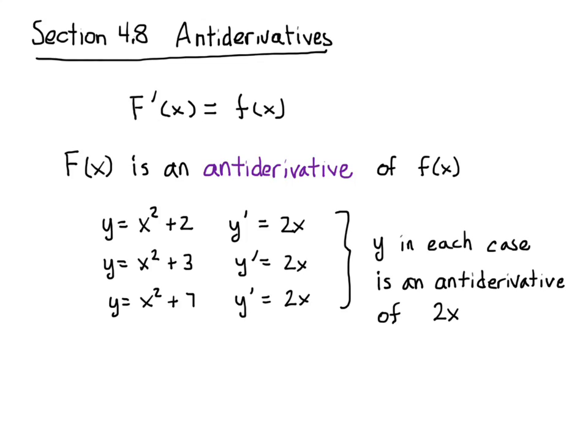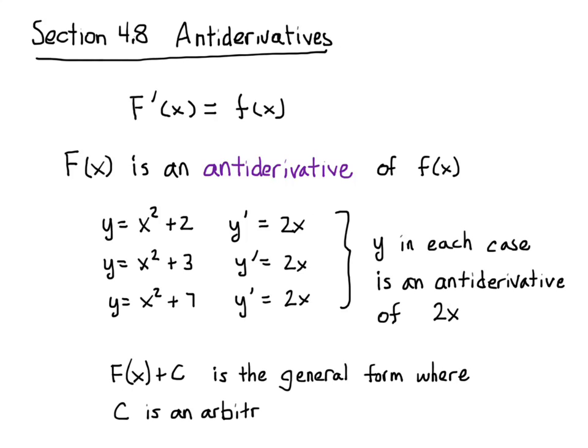And so if you're looking at the antiderivative, you can have this function that is quite specific, in this case it'd be x squared, but you have this constant that you need to add to it. And for the generalized form, we'll just call this c. And so we'll say the antiderivative is going to be this function plus c, and c is any arbitrary constant.